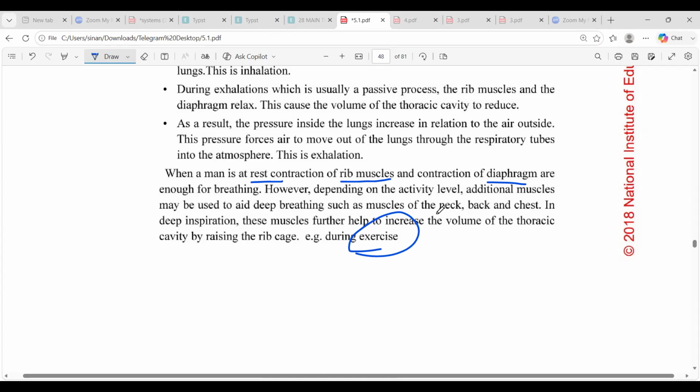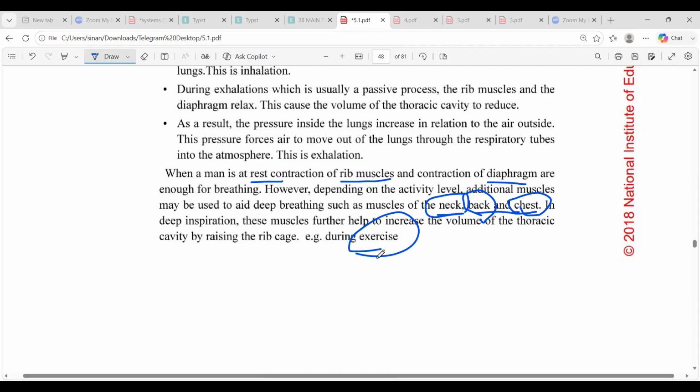During exercise, this contraction of the rib and the diaphragm is not enough to inhale all the atmospheric gas, because during active processes like exercise we require more and more oxygen. So what we do is we contract other muscles also. We contract the muscles in the neck and the muscles in the back and chest. So these three muscles would also be contracted if we require more energy.